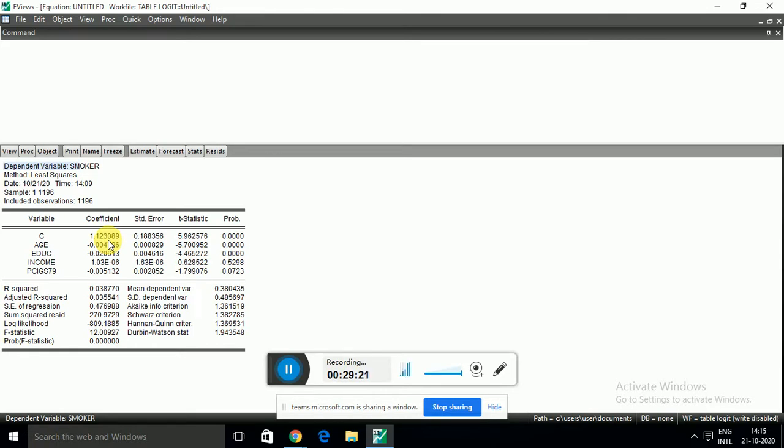Now if y minus beta x is my ui, you can see that ui can also take only two values: 1 minus beta x when y takes the value 1, and 0 minus beta x when y takes the value 0. So u is not going to take values between negative infinity and positive infinity, and that is again one of the limitations of the linear probability model.